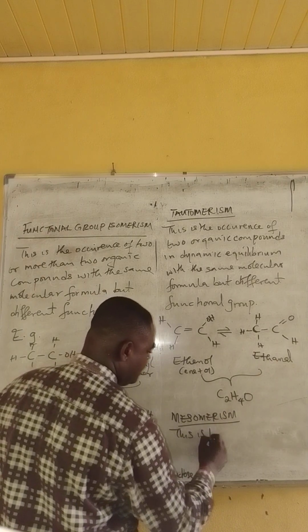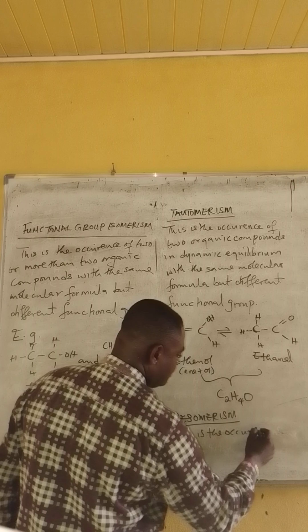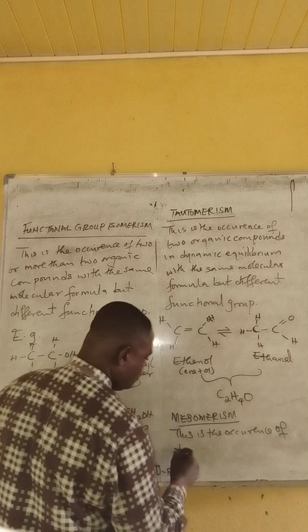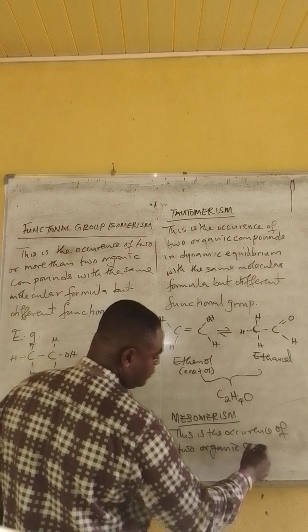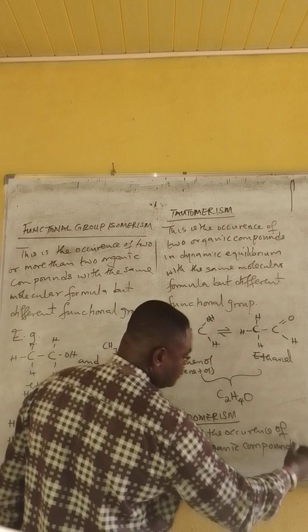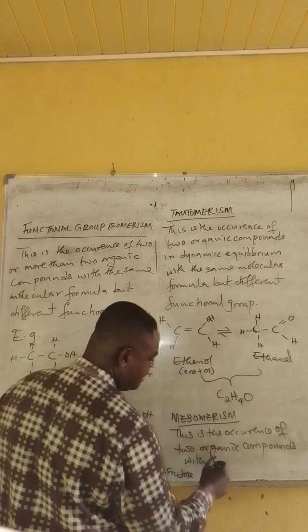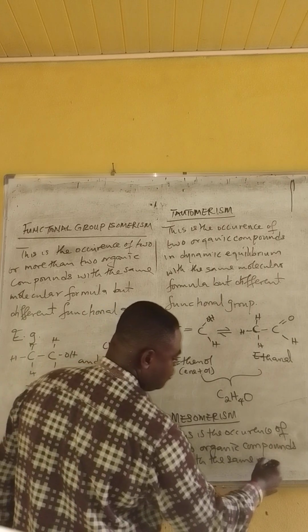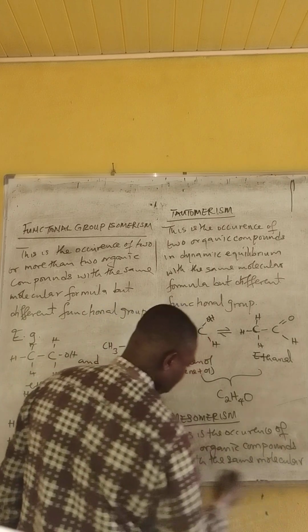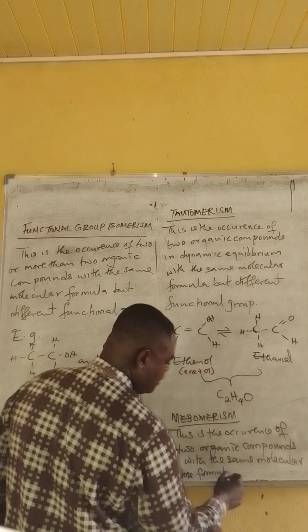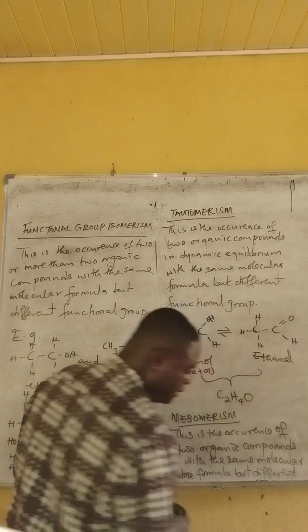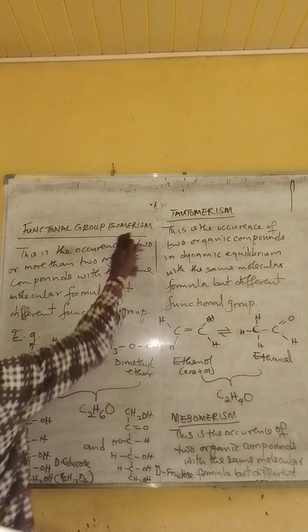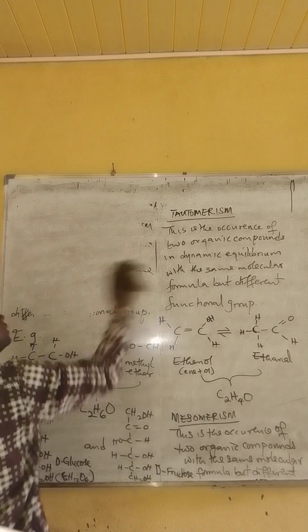So that is that. Then lastly here we have metamerism. This one is the occurrence of two organic compounds with the same molecular formula but different position of the same alkyl group.